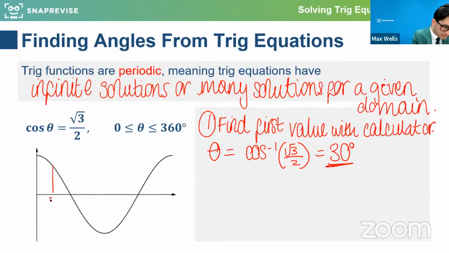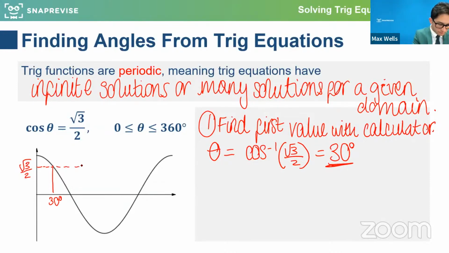So what this is showing me graphically, and I'm obviously doing this very roughly to scale, is that if you put 30 into the cosine function, it would spit out √3/2, which is just a bit less than 1.